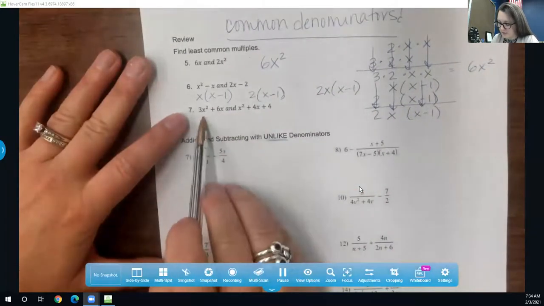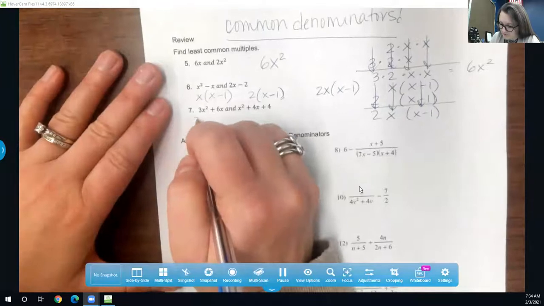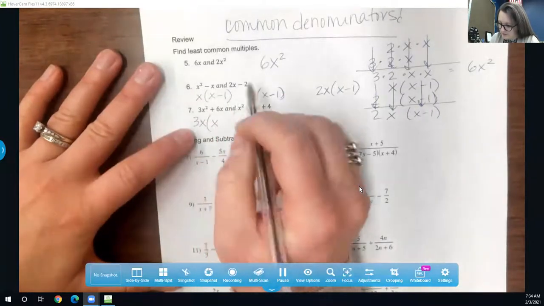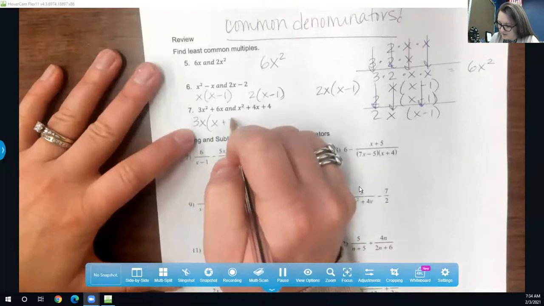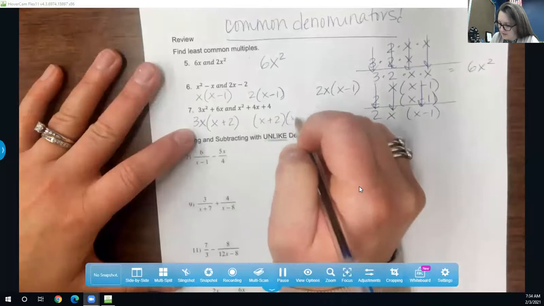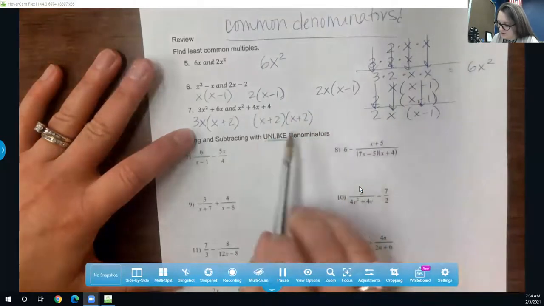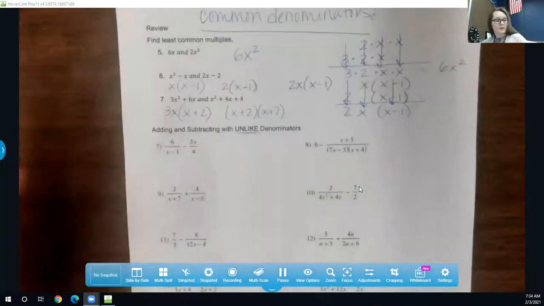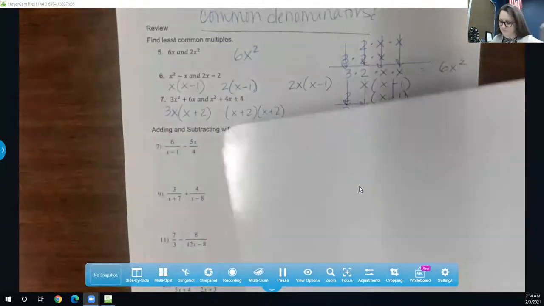All right, let's look at number 7. Factor it first. Remember our factor. So it's going to be 3x and then x plus 2 if I factor. And here I get an x plus 2 and an x plus 2. So let's do the same thing. I'm running out of room. Get my little whiteboard here.